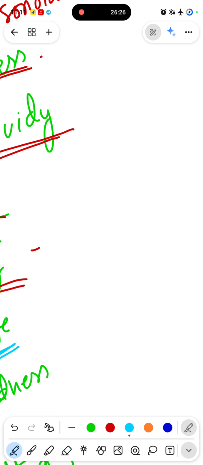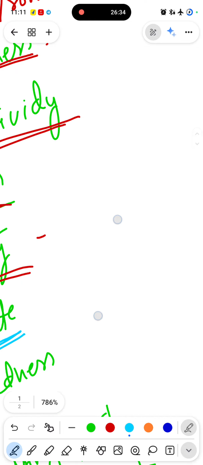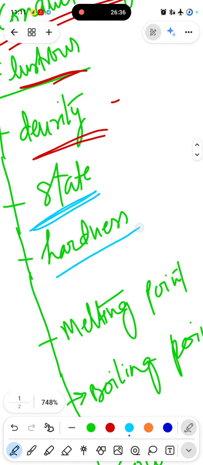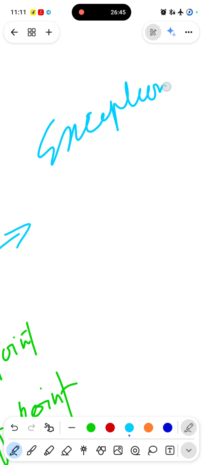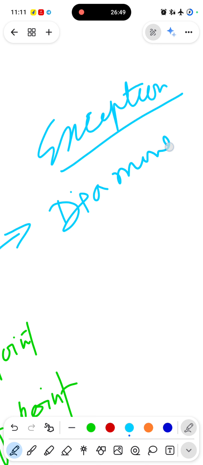Except that, all metals are solid. Metals are not gaseous at all. Then we have hardness. Metals are generally harder than non-metals. There is an exception, that is diamond. Diamond is the exception to this.